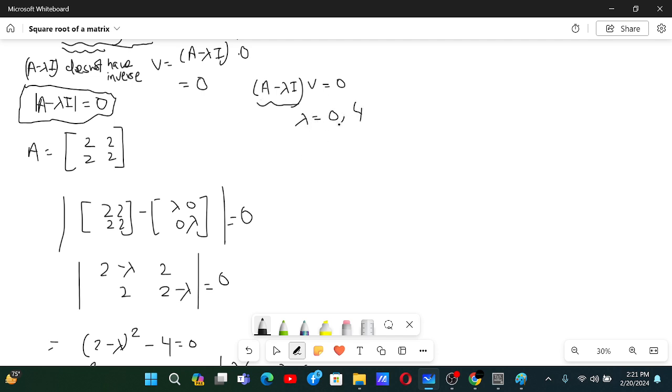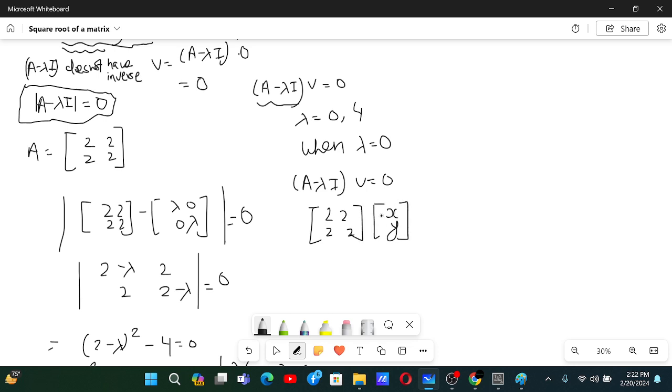Now to find the eigenvectors, let us try to find the eigenvector when lambda is 0. In that case we need A minus lambda I times v equals 0. A is 2, 2, 2, 2, and lambda is 0, so basically it will just be 2, 2, 2, 2. Let's say our eigenvector is x, y. Why a 2 by 1 matrix?